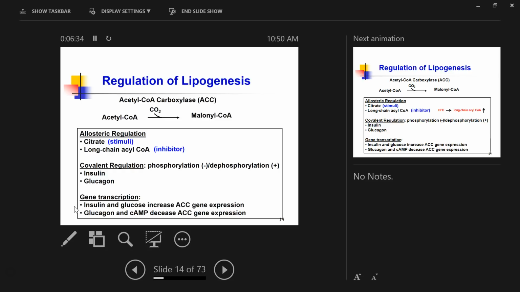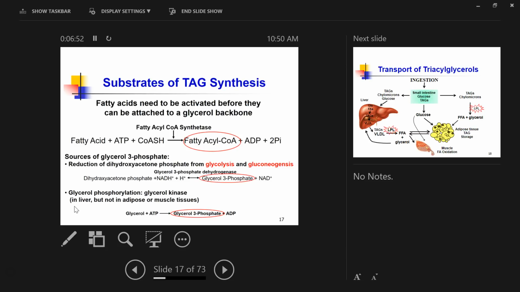Remember? Glycolysis, right? And the other pathway is direct phosphorylation by the enzyme called glycerol kinase, right? Let me see, that is number 17. So this is the slide for question number 12.